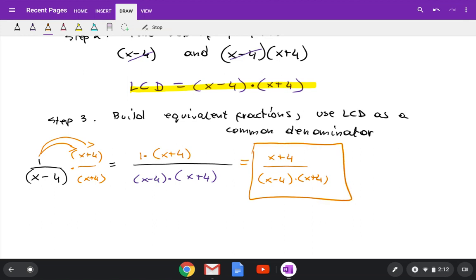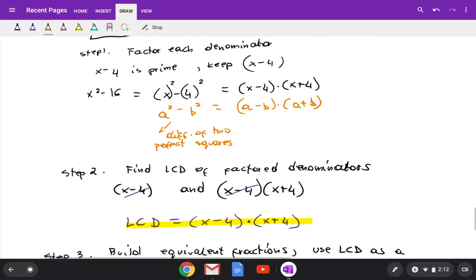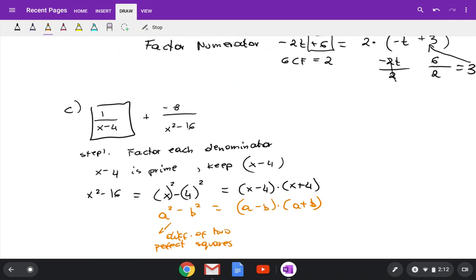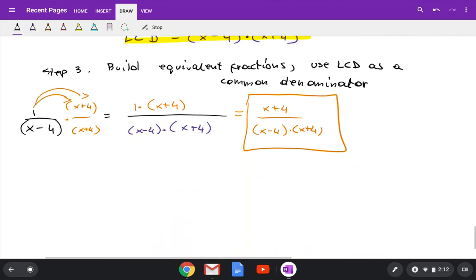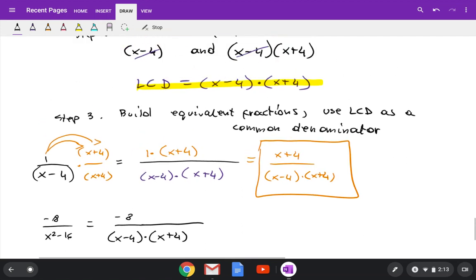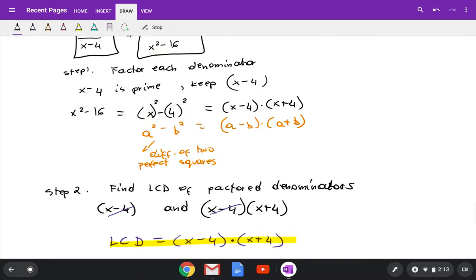Keep it. Now, the second fraction, originally we had negative 8 over x squared minus 16, which is the same as negative 8 over x minus 4 times x plus 4. Again, don't forget that I already factored that denominator right here.